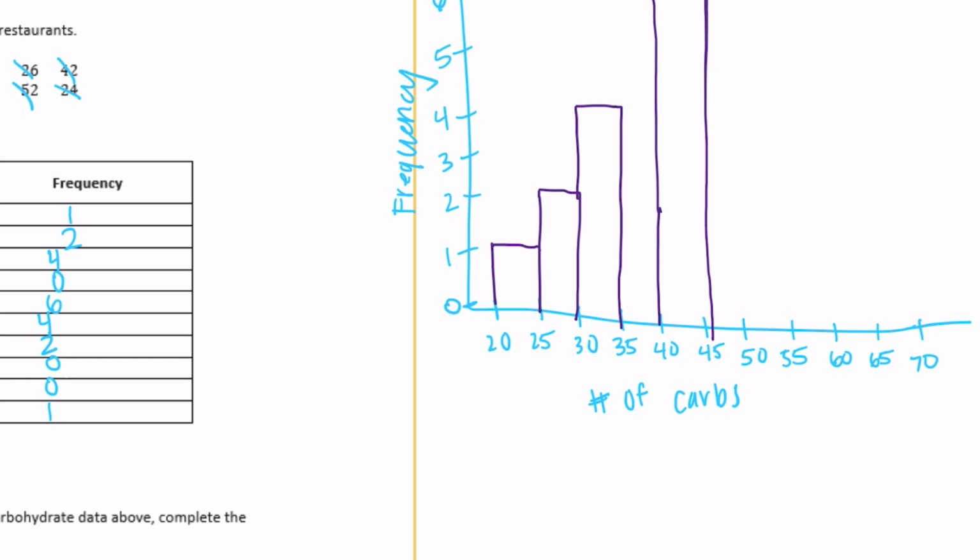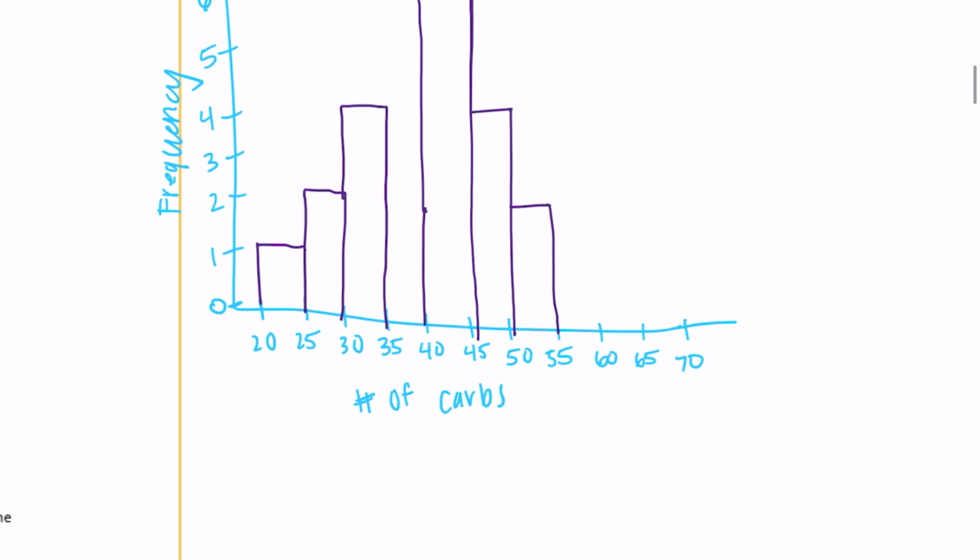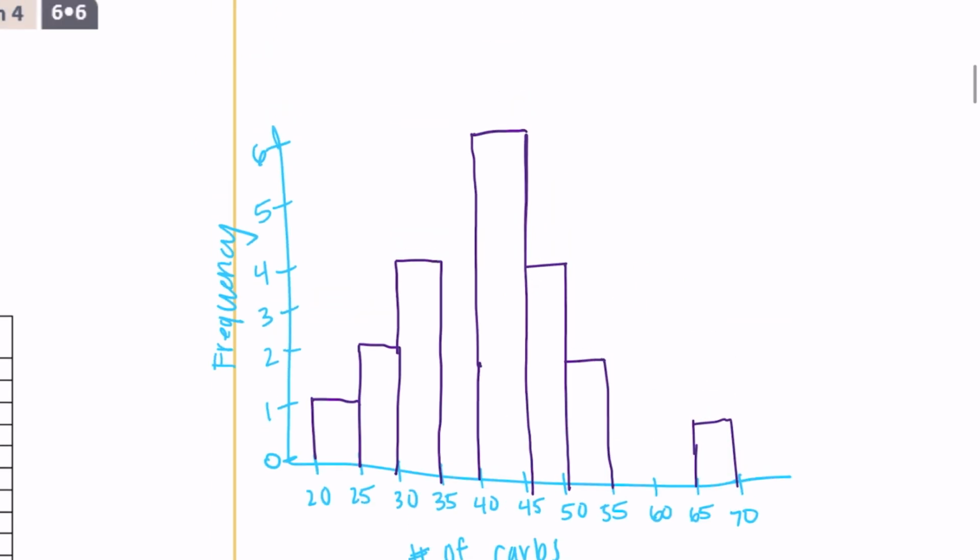And then 4. 50 to 55 was 2. None for 55 to 60, none for 60 to 65, and just 1 for 65 to 70. And let's give it a name. We're going to call it carbs, carbohydrates.